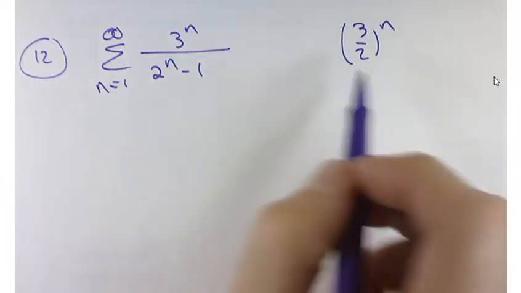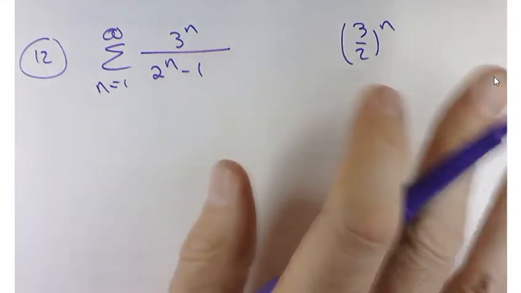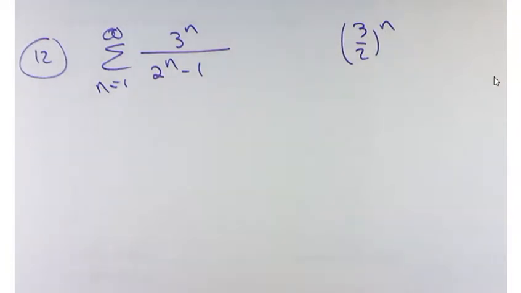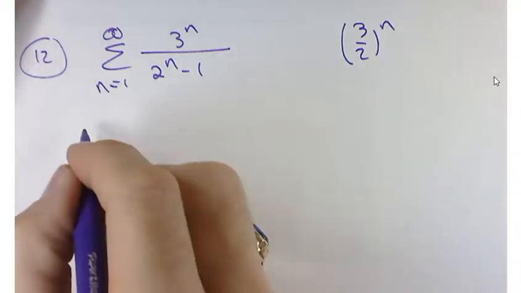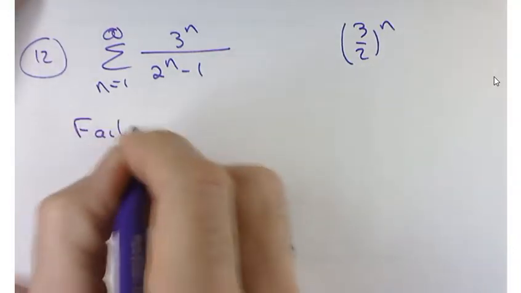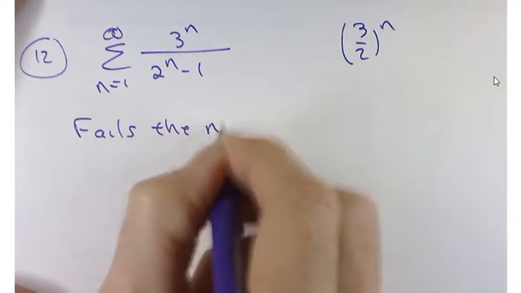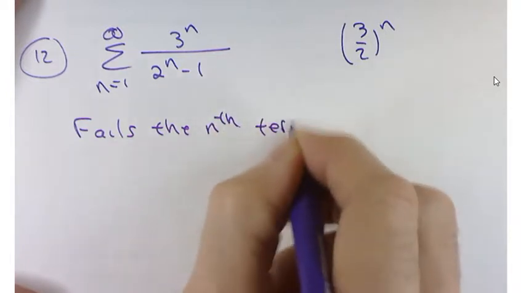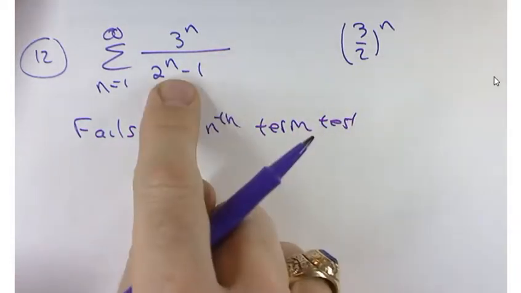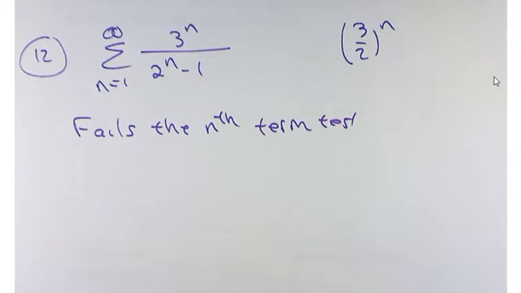You could run through the direct comparison test and do it that way. But keep in mind, there's more than one way to, quote-unquote, skin a cat, right? In this case, this fails the nth term test. These terms, as you go out towards infinity, don't get closer and closer to 0. They get closer and closer to infinity, actually.